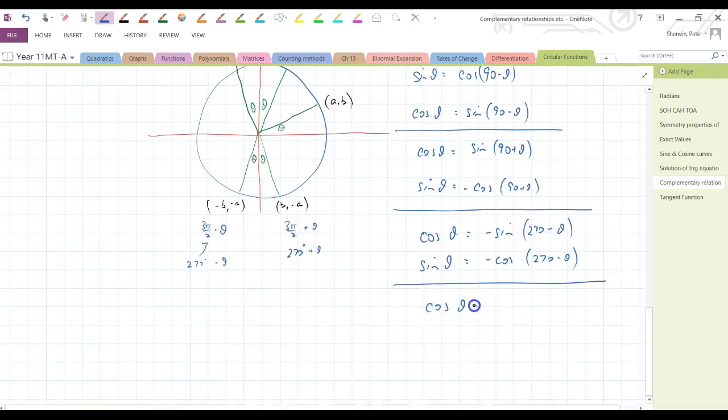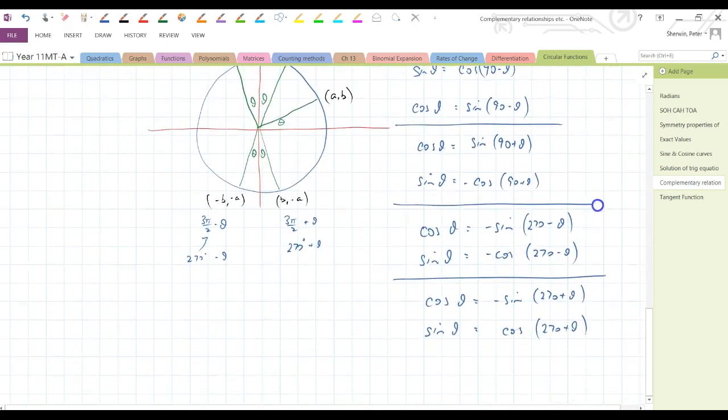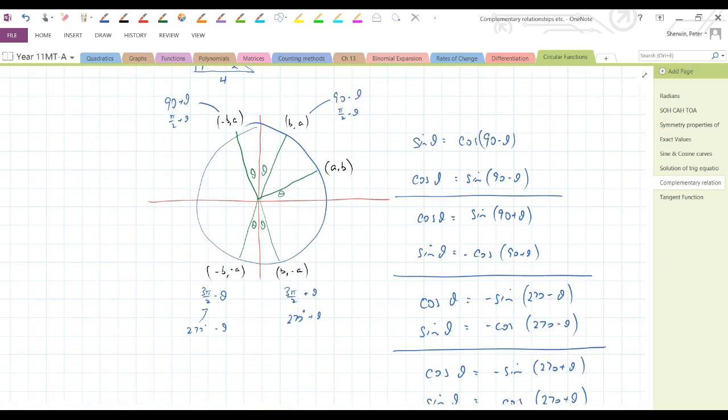And finally, we'll do the 270 pluses. Cos theta, which is A, becomes minus sine of 270 plus theta. And sine theta, which is B, goes straight to cos of 270 plus theta. Okay, so we can get everything from just this little circle here.